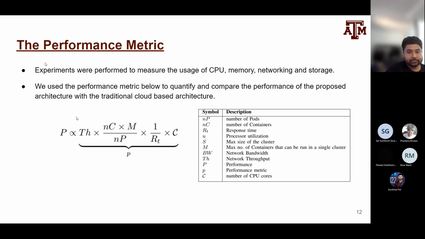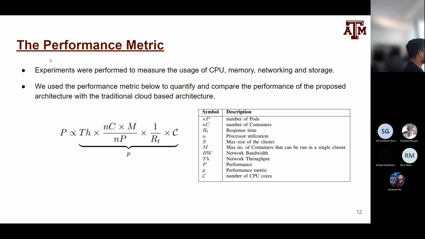Then the number of containers you have, which is basically the number of robots you have. The more robots, the better the performance. Then there is the max number of containers it can sustain. There is also a limit. If you go beyond a certain limit, the system will fail. You can have multiple clusters, but in a single cluster there is a limit to the number of pods you can have.